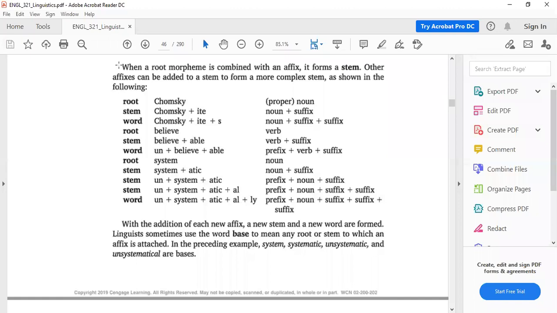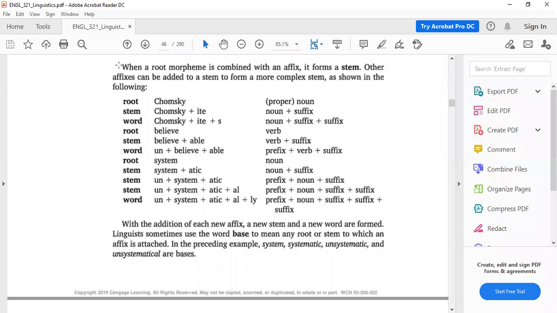The root is the initial thing, the smallest part, the simplest form of the word, and it may or may not stand alone as a word. Be careful: the root sometimes can, as I said, may or may not. So paint can stand alone.